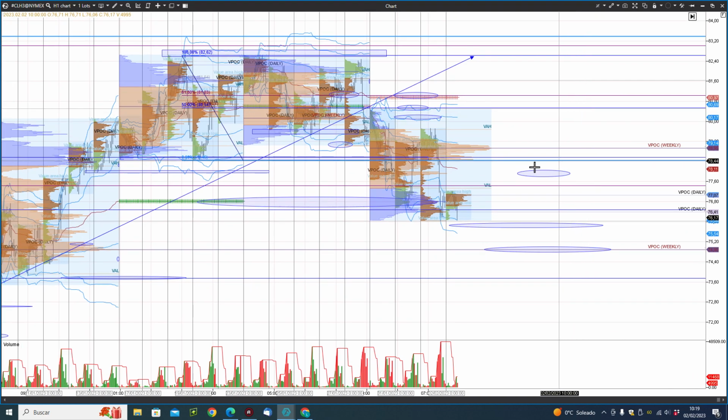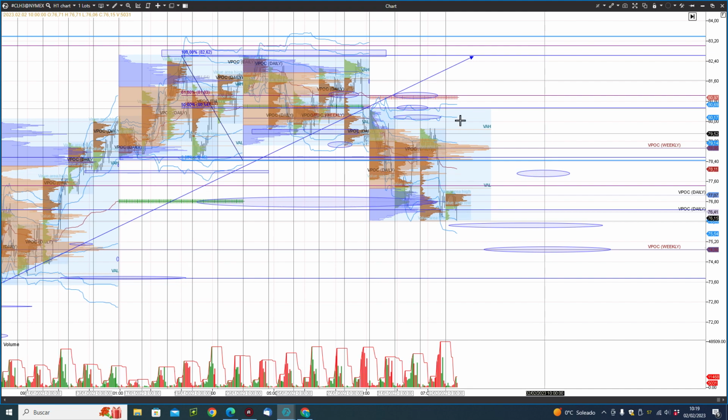About higher targets, first one, this price action zone, high volume node, and the final of current VWAP line, weekly VWAP. It's about here, it's about 77.91. The second target will be this high volume node of this week, 78.95.